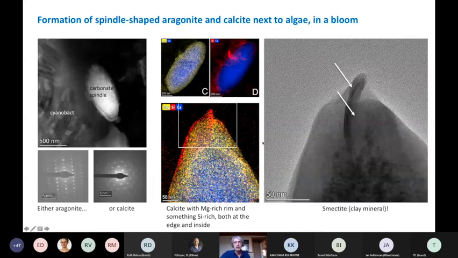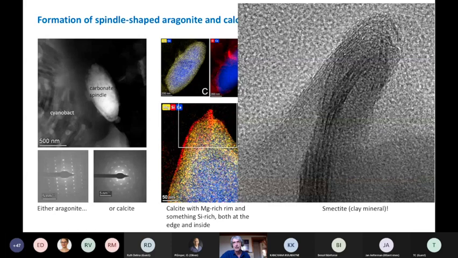Actually, if we blow up this part of this spindle, we see layers of a clay mineral, smectite. So just a few atomic layers in the middle and also on the edge. So probably this carbonate spindle may have formed on the floating flakes of smectite.